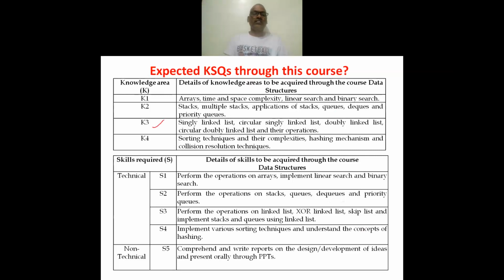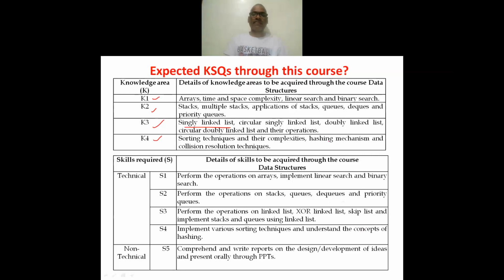The third knowledge area is single linked list, circular single linked list, double linked list, and their operations. Then the fourth knowledge area is sorting techniques and their complexity, as well as hashing technique.